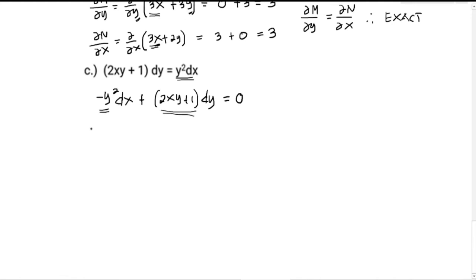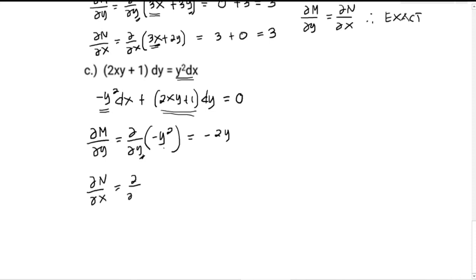We're going to get the partial derivative of M with respect to y, and let's substitute the value of M, which is negative y squared. This is with respect to y, so y is the variable, and the derivative of negative y squared is negative 2y. For our N, the partial derivative of N with respect to x, we are going to substitute our value for N, that is 2xy plus 1.